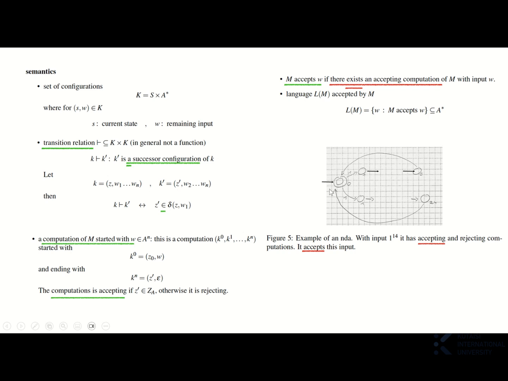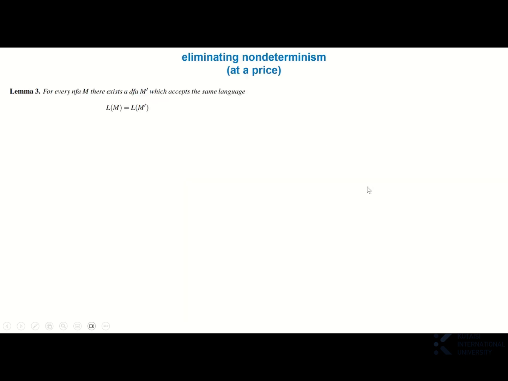No, because any way I go here or here, I will end up somewhere in this state. So 1 to the power 11 is not accepted here. There is no accepting computation. However, 1 to the power 57 is accepted because I go twice down here and 1 time up here. So we see that an NFA is more powerful.